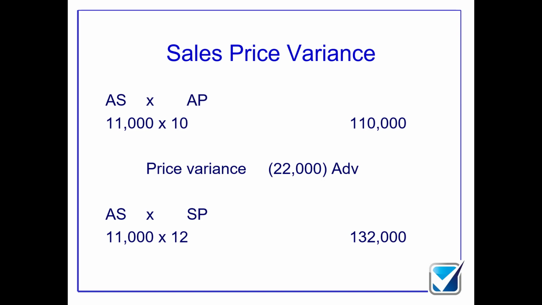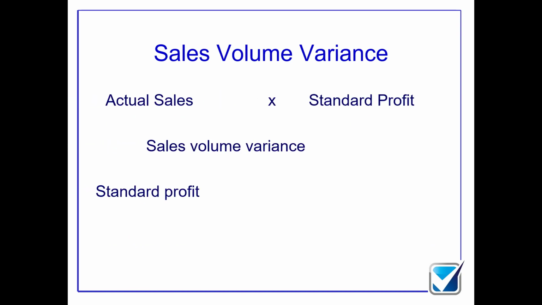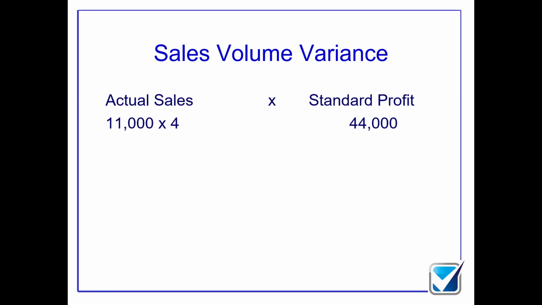The second variance we have is our sales volume variance. With this sales volume variance, what I'm looking at is actual sales at standard profit, and I'm going to compare that with original budgeted sales at standard profit. So if we take this pro forma, slot some numbers in, we get actual sales of 11,000 units multiplied by $4, which is my standard profit, which gives me $44,000.